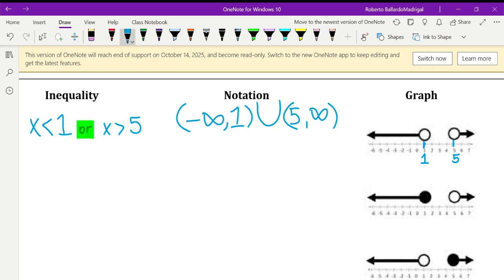See if you guys can come up with the next one on your own. I'm going to give you the solution to it in just a second.